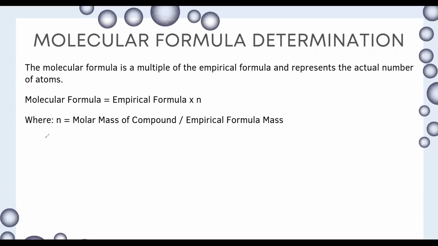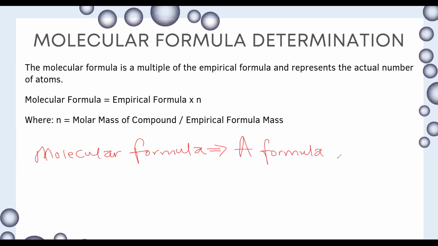Does anybody want to remind us what the molecular formula of a compound is? Molecular formula is the actual number of atoms of each element of the compound. Thank you very much. So let's refine that definition very clearly.